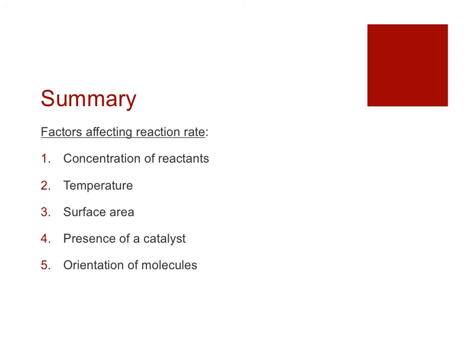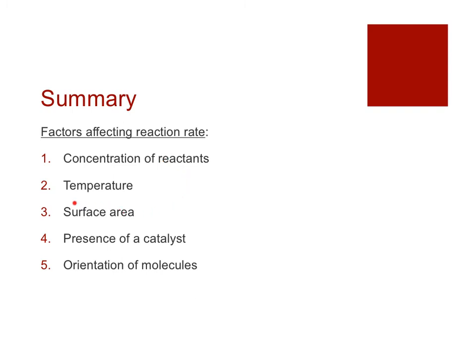Here are some factors then that affect the rates of reaction. Temperature is one we just talked about because it's the number of particles moving at different speeds that can get past the activation energy. And then these other things are just things that affect collisions. Concentration: if I have more stuff, I get more collisions out of them.